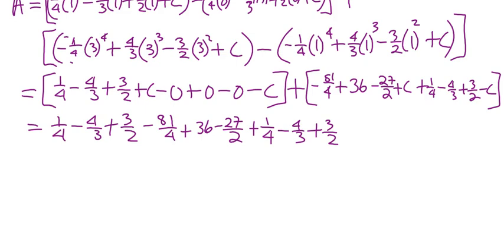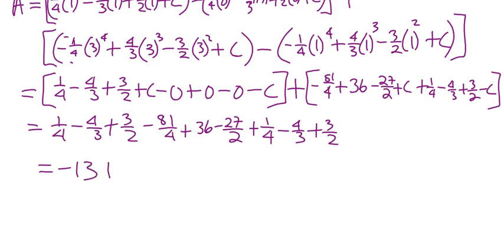Well, wait. So 1/4 plus 1/4 is 1/2. Okay, so if we add 1/2 to negative 27/2, we'll have negative 26/2, right? Which is negative 13. So I'm going to go with a negative 13.